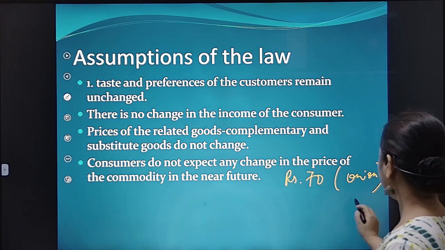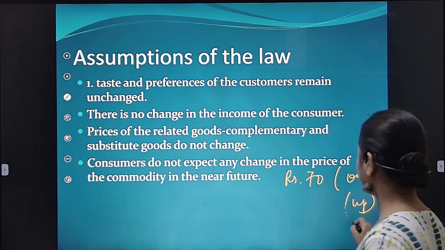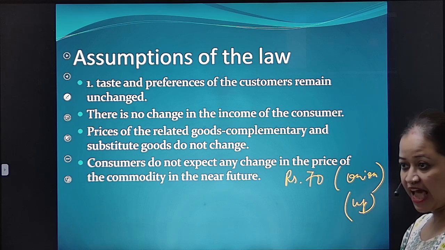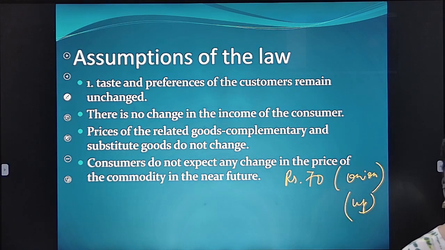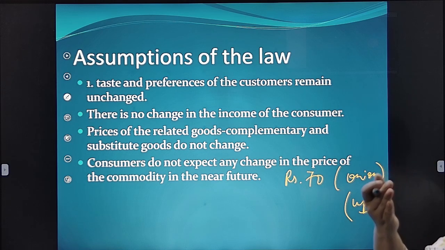Price of onion will go up, ऊपर चला जाएगा tomorrow. And today you will go to the market and you will buy. So you are expecting that the price of goods will go up.